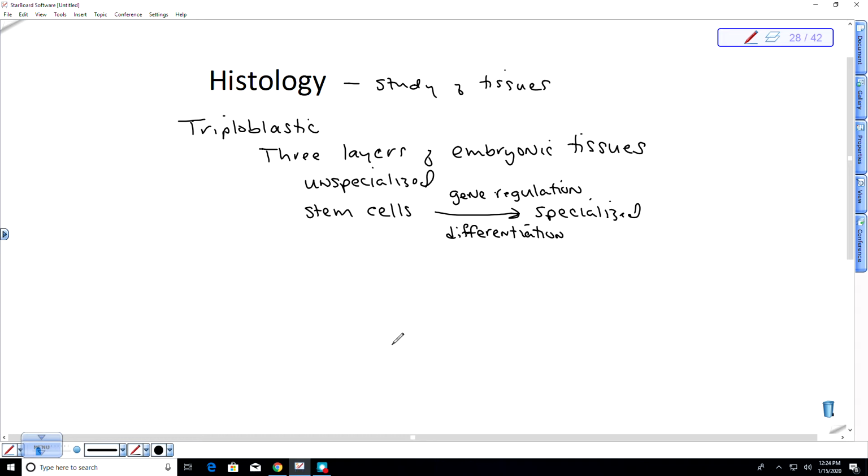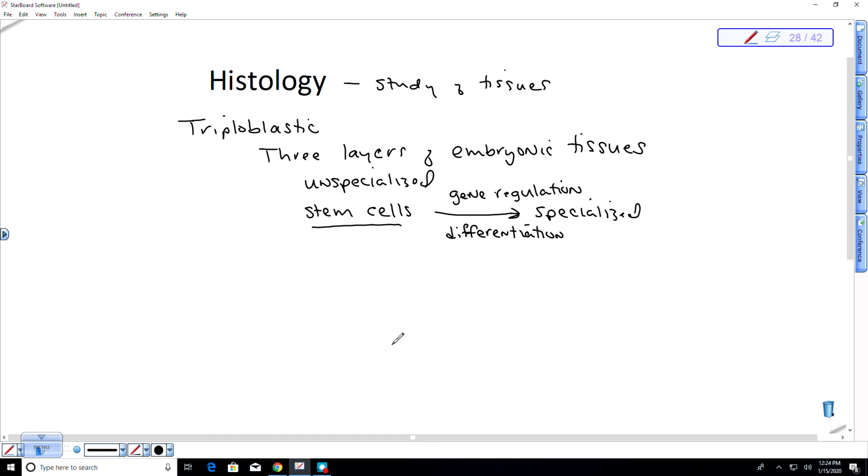It used to be thought that there were only a few places in our body that we had stem cells, but now every time we look at a new part of the body, like our fat tissue, for example, they just recently discovered that there's stem cells in our adipose tissue, in our fat tissue. And so it's kind of interesting to think about those stem cells. It's also kind of interesting that it seems that these stem cells can cross the placenta.